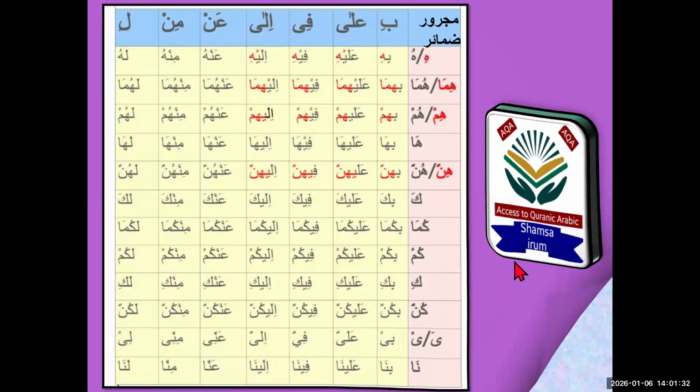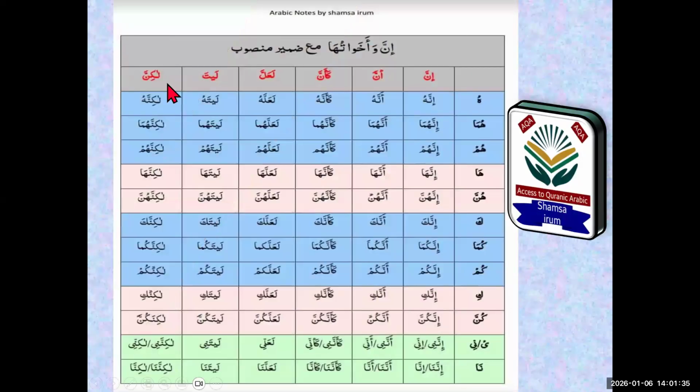On another slide, these are the harufun nasiba, the haruf mushabba bil fail on top, and on the right side are the attached pronouns. I attached all these pronouns with inna, then anna, ka'anna, laita, lakinna. For your practice, inna I explained already, so for the rest you can practice and then match with my notes. This is how I worked, and alhamdulillah, I am now at the stage to teach others. Alhamdulillah.